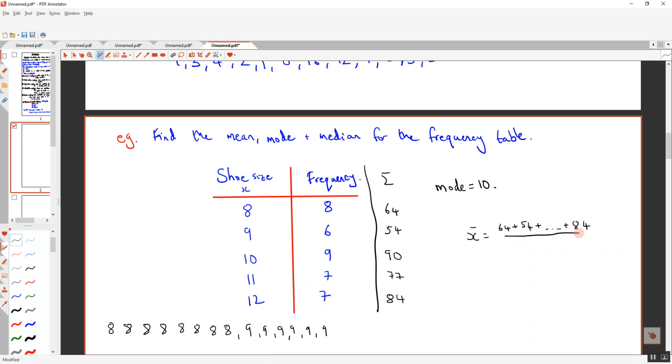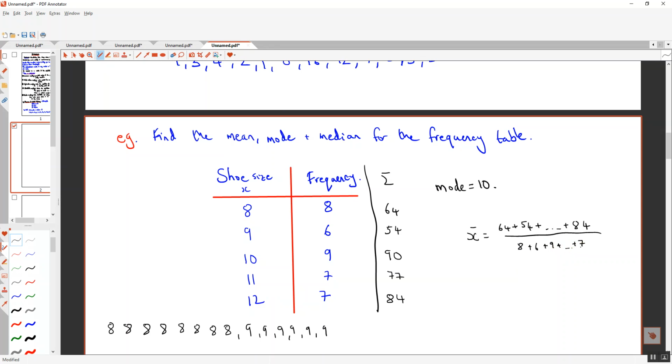You would add them all up and divide by the number of people I have, which is all of these things added up. So 8 plus 6 plus 9. Okay, so that's how you would work out the mean.